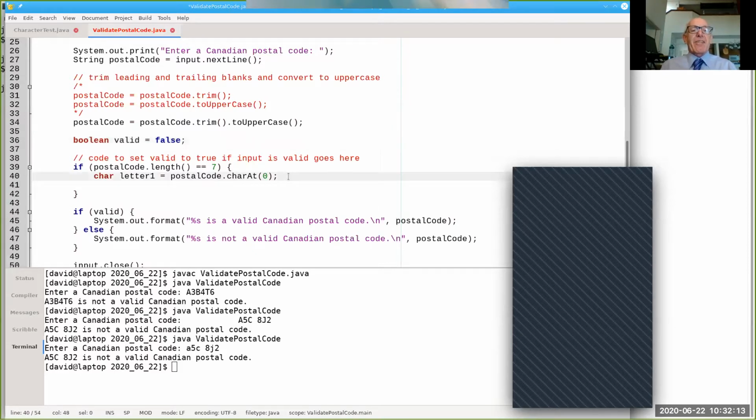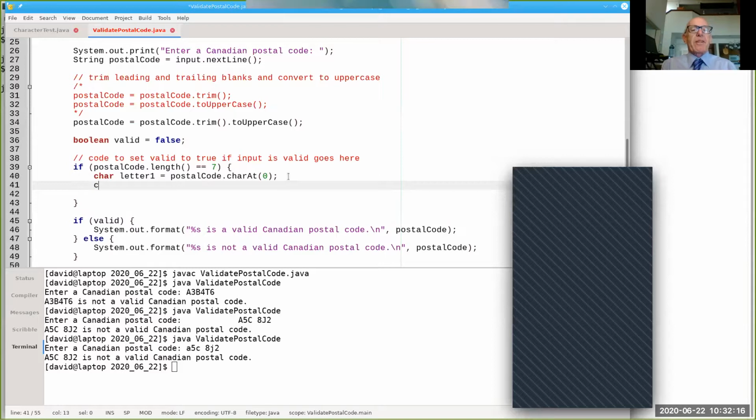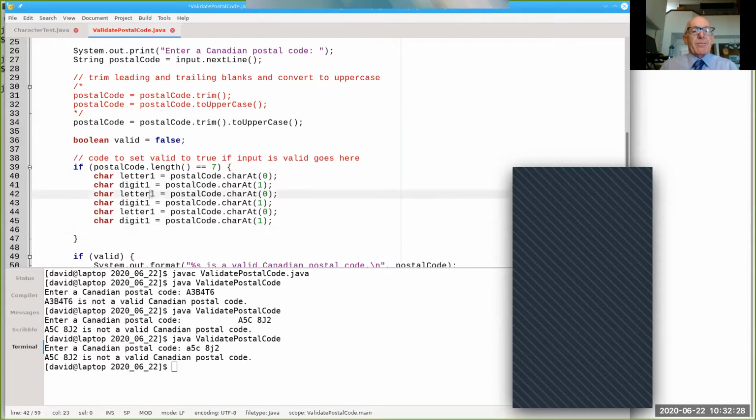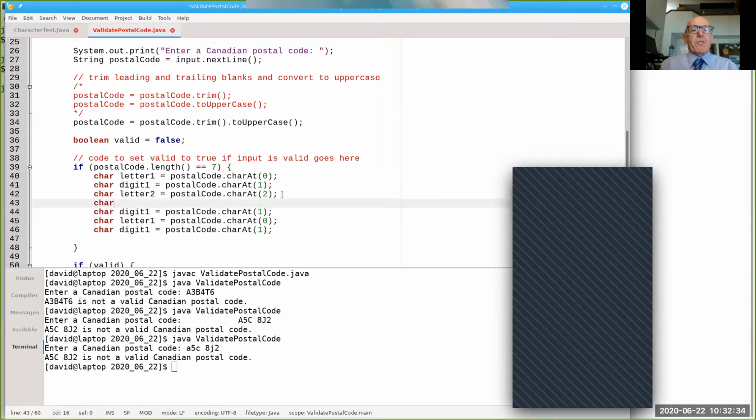Okay, we've got that letter 1 is postal code char at 0. Digit 1 becomes postal code dot char at 1. And let's go here, letter 2 is going to be there. Then after those first 3, spacing should be postal code dot char at 3.